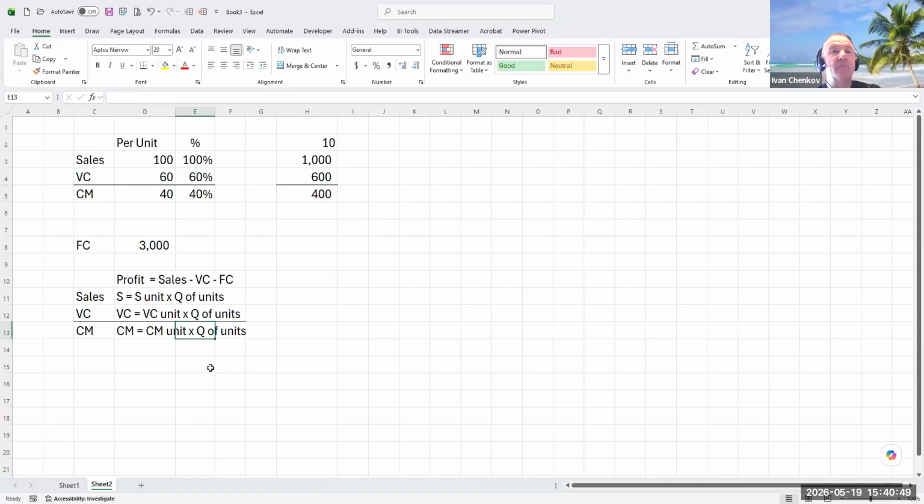Now the question is, how many units do I need to sell in order to cover my fixed cost? So let's come up with the equation for that. First, what do we need? We need our profit to be equal to 0. If the profit is equal to 0, that means sales minus the variable cost and minus the fixed cost should be equal to 0.